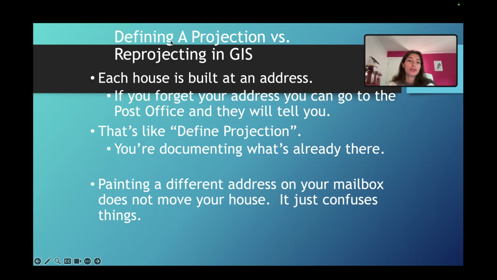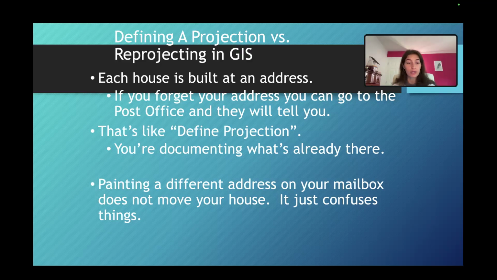So, defining a projection versus reprojecting in GIS. Each house is built at a certain address. If you forget the address, you can go to the post office and they will tell you. That is like defining a projection. You're documenting something that's already there. However, if you go outside and you paint a different number on your mailbox, let's say that you're at 1234 and you put it as 145.